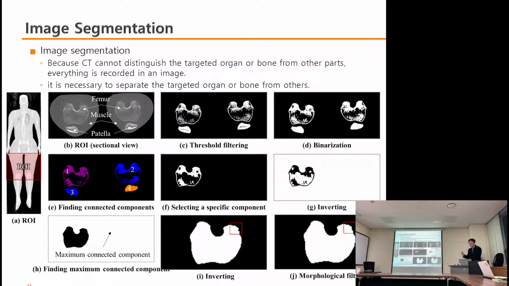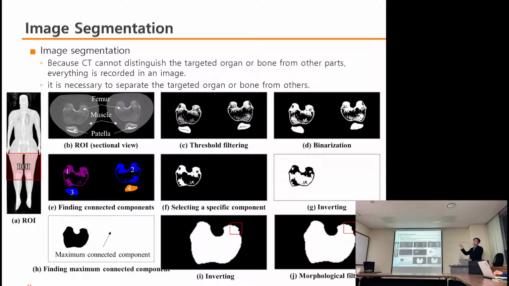As I said just before, CT cannot distinguish the target organ or bone from other organs. Firstly, we need to extract the region of interest. So in CT images, I first extracted the bone images. Such a process is called image segmentation.